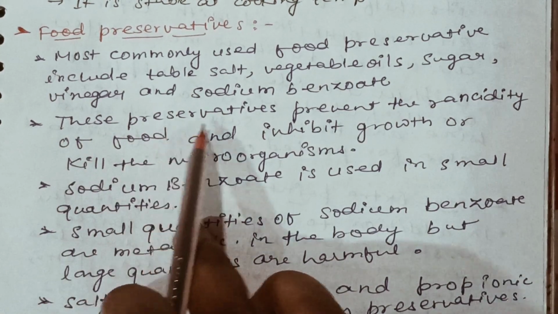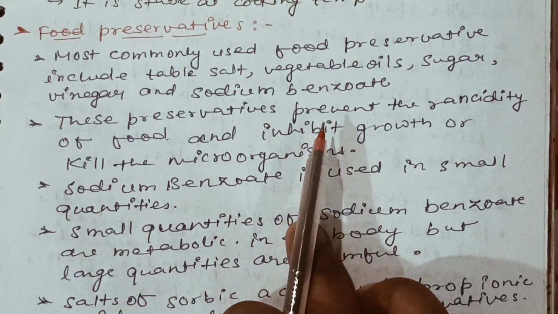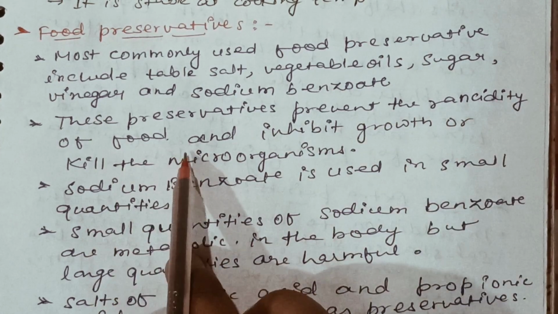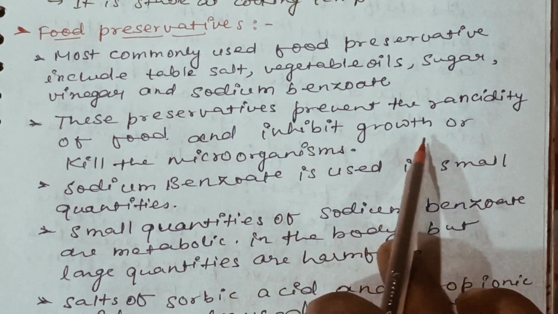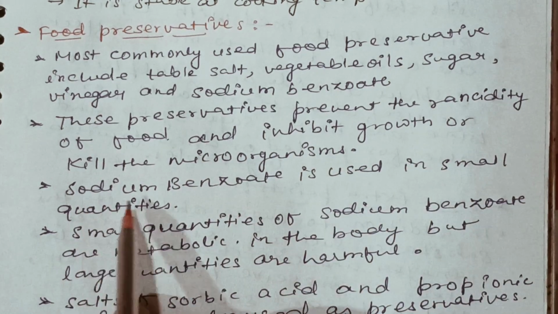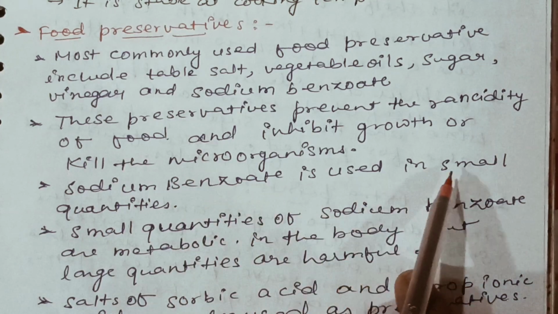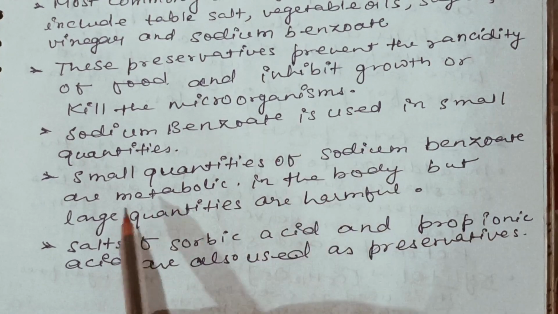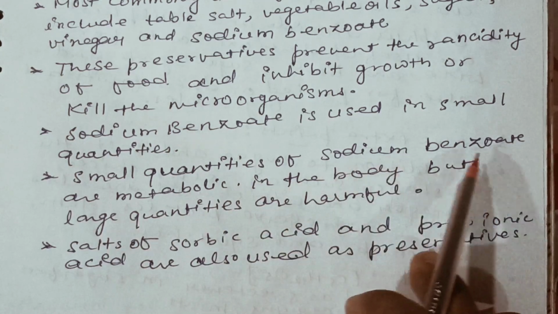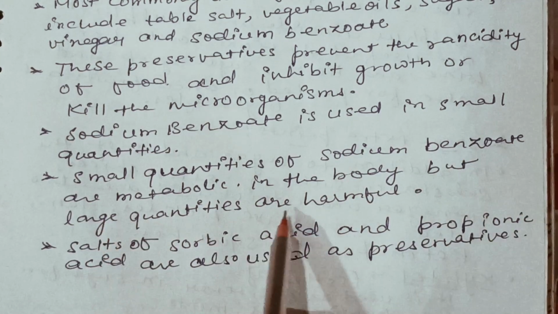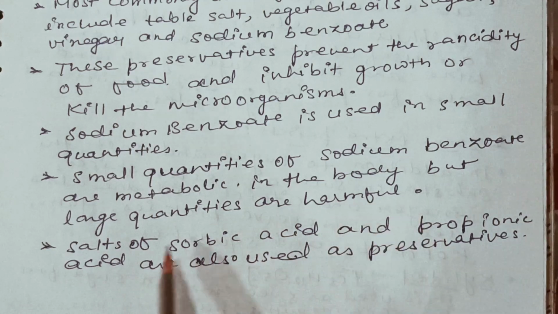These preservatives prevent the rancidity of food and inhibit the growth of, or kill, microorganisms. Small quantities of sodium benzoate are metabolized in the body, but large quantities are harmful.